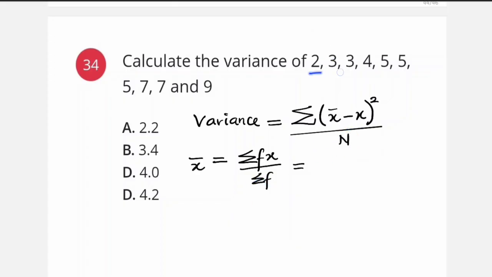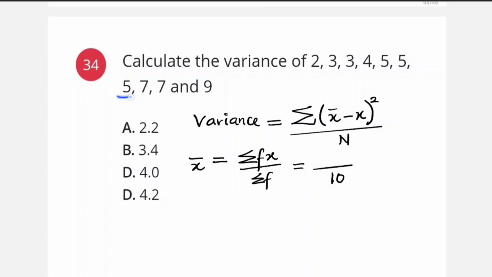All right, so let's sum all this together, then we divide it by 1, 2, 3, 4, 5, 6, 7, 8, 9, 10. So let's note that our n is 10 already. Let's sum this together. 2 plus 3, 5. Plus 3, that's 8. 8 plus 4, that's 12. 12 plus 10, that's 22. 22 plus 5, 27.